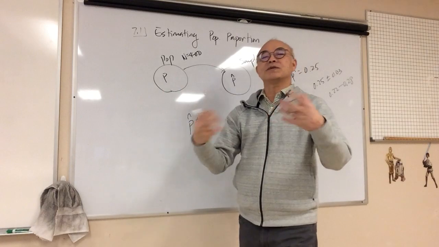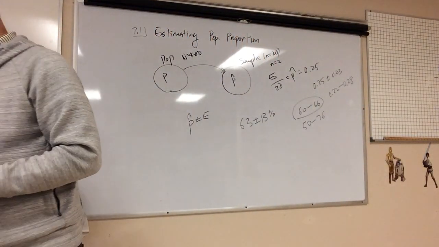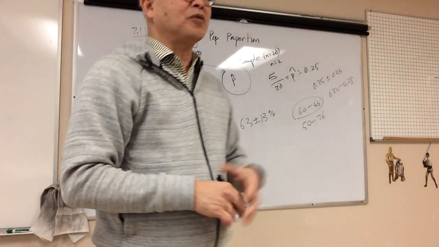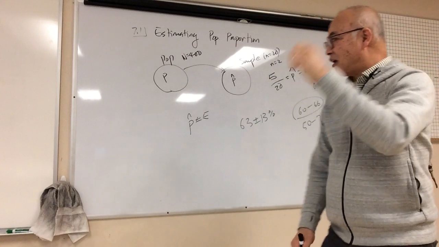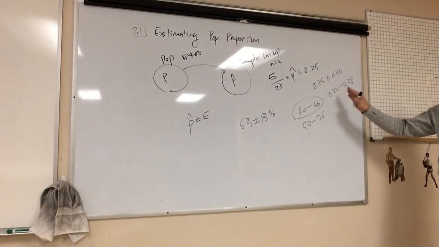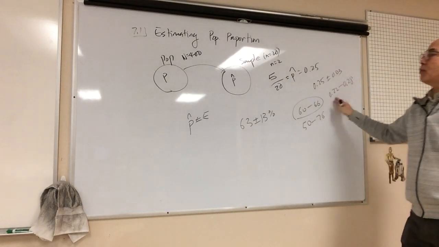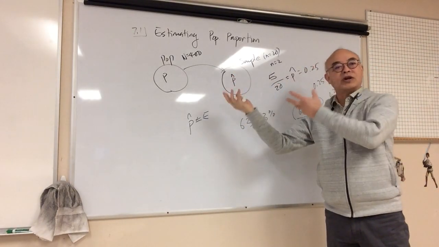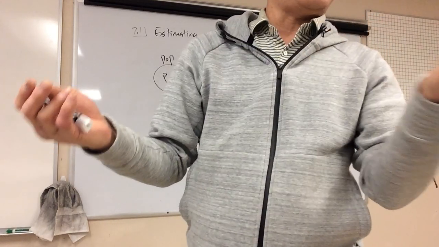So it's very specific, okay? So if I ask this on a test, I'm looking for word by word here. We are 95% confident that the interval between 0.22 and 0.28 contains the true proportion of whatever it is we're talking about. Okay? Get very familiar with this phrase.